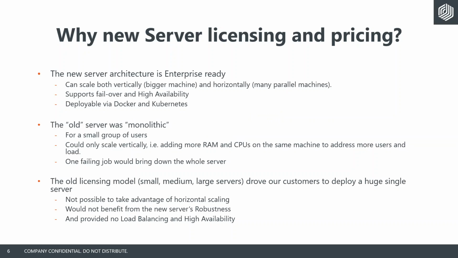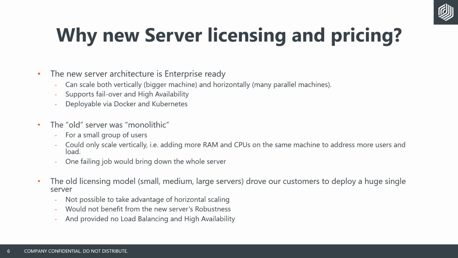But let's get into the server. The new server architecture is much more enterprise ready. It can scale, support HA and failover, and is also now deployable via Docker and using Kubernetes. So there's good documentation and images for those that make it quite easy to deploy across multiple machines.